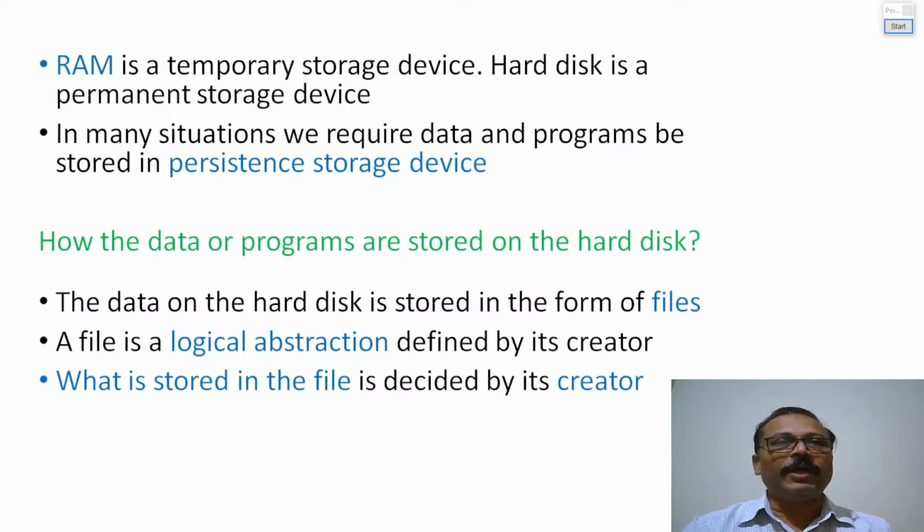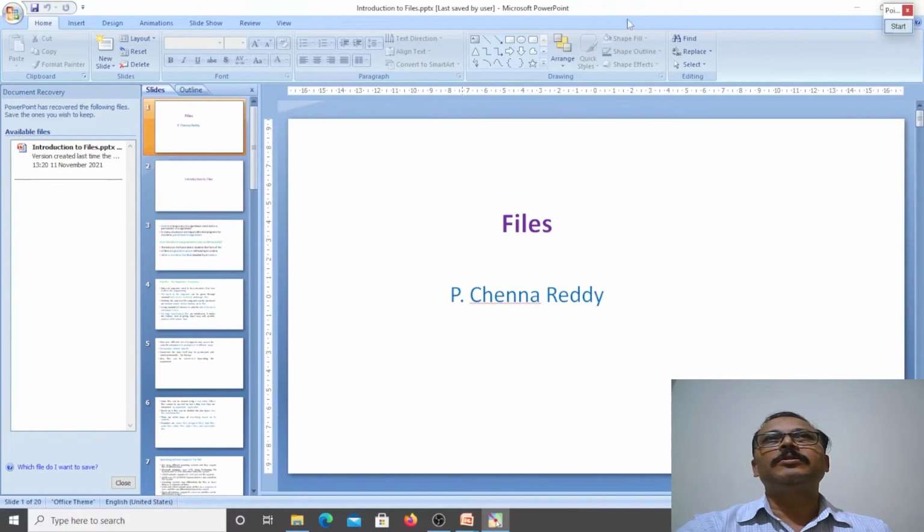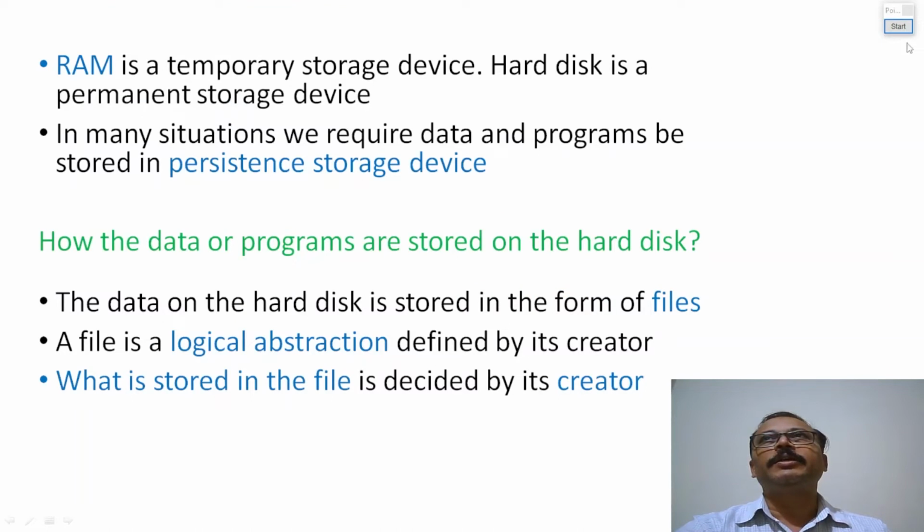If we consider a file, what is the definition of a file? A file is a logical abstraction defined by its creator. What does it mean? A file is a logical abstraction defined by its creator.